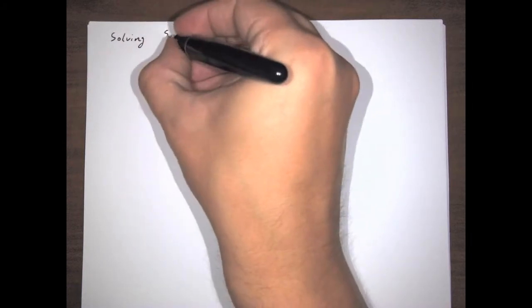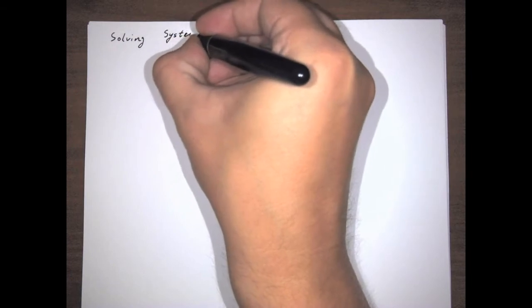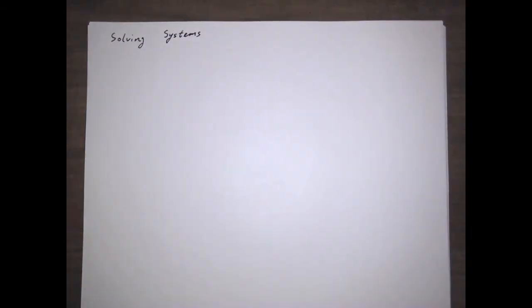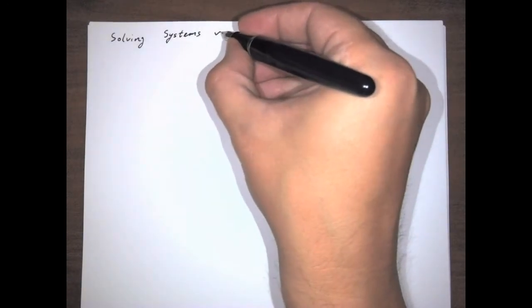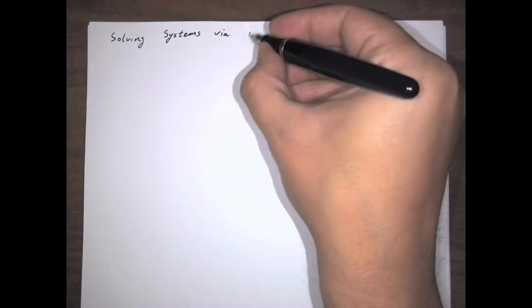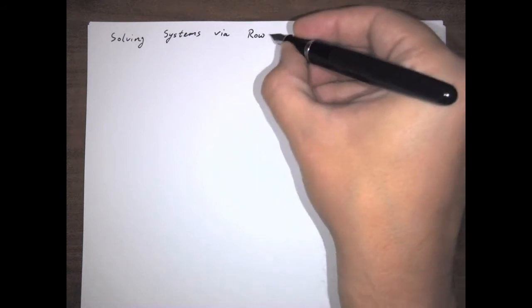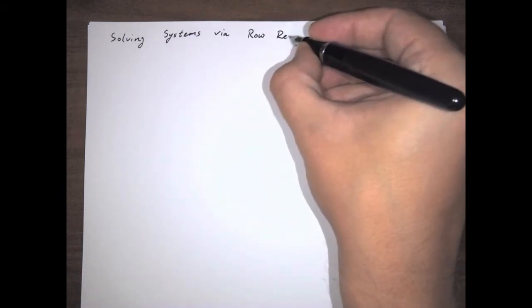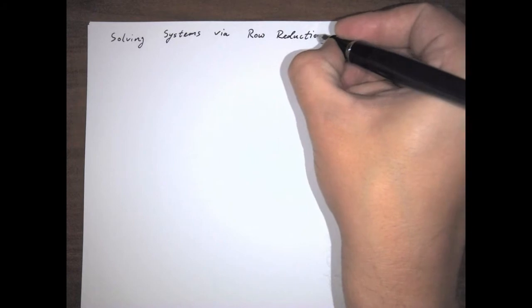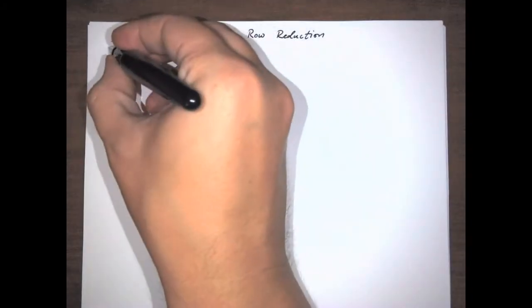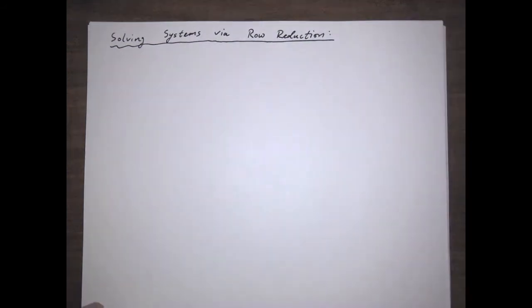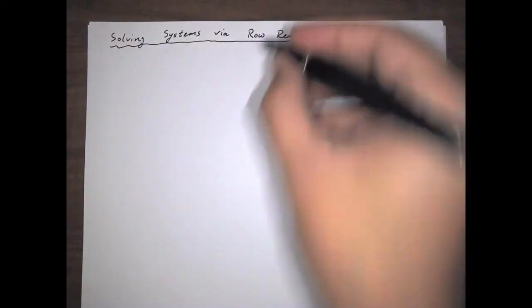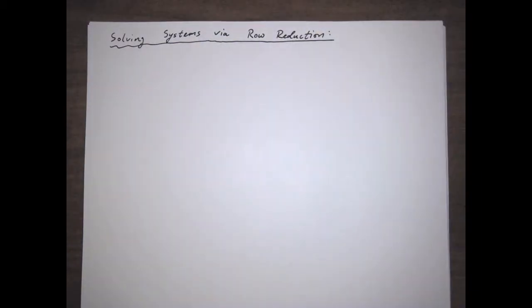Solving systems, whenever we say systems in this course, we'll mean systems of linear equations, via row reduction. This will be the main technique that we'll be making use of. We'll be a little bit more flexible with it than say a computer would be, but it's always going to be our main go-to technique.